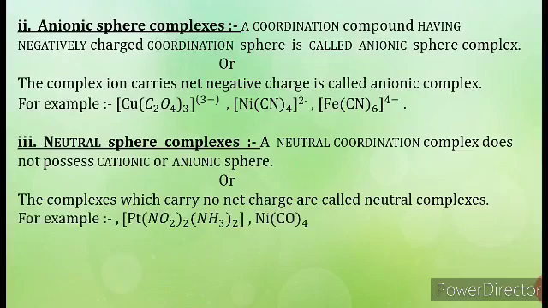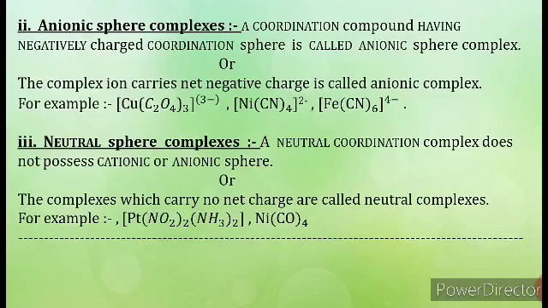Like here diamminedinitroplatinum(II), or tetracarbonylnickel(0). These are examples of neutral sphere complexes. So on the basis of charge on the complex, they are classified in three categories: cationic complexes, anionic complexes, and neutral sphere complexes.